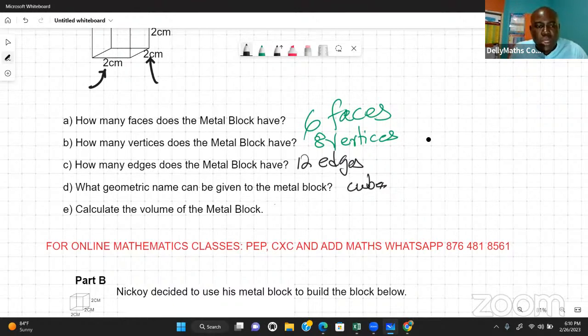So the volume is going to be 2 times 2 times 2, and you're looking at 8 cubic centimeters.